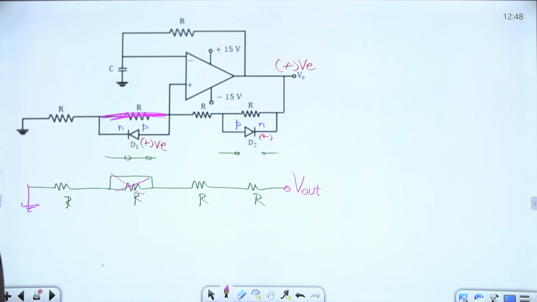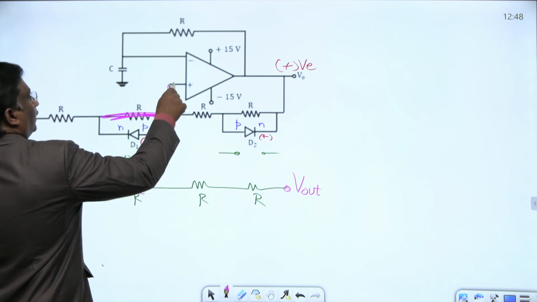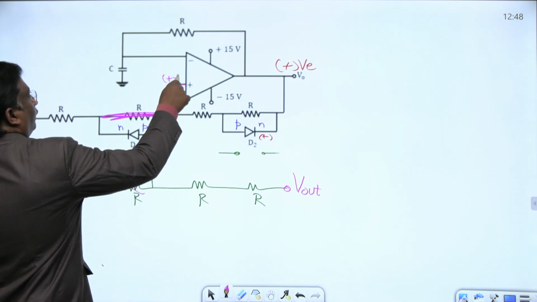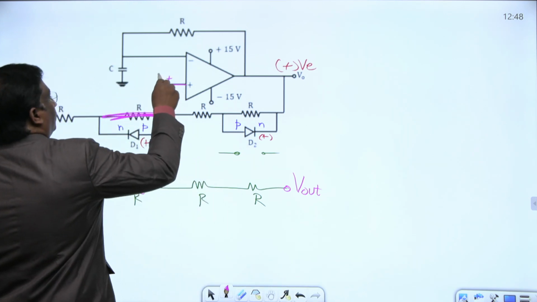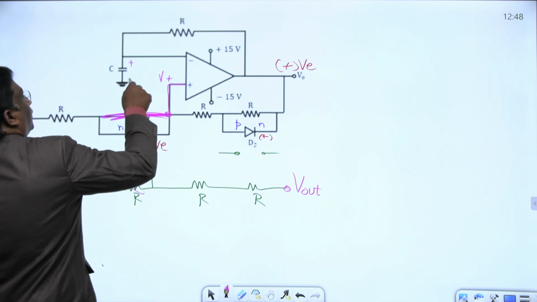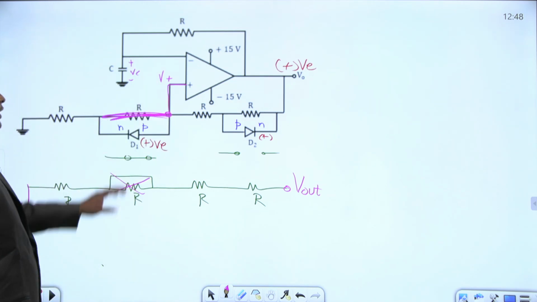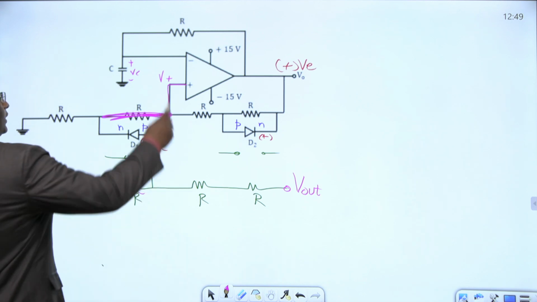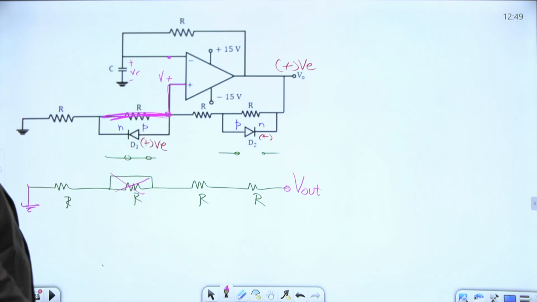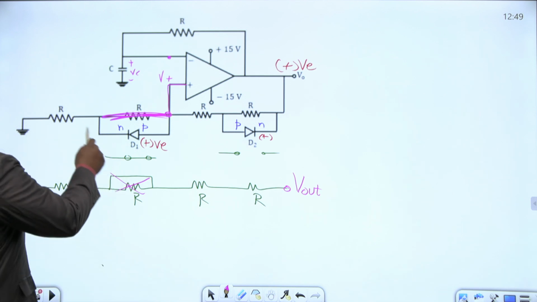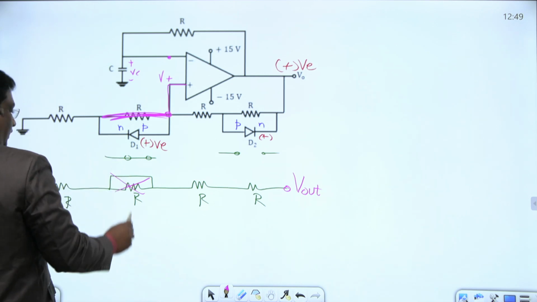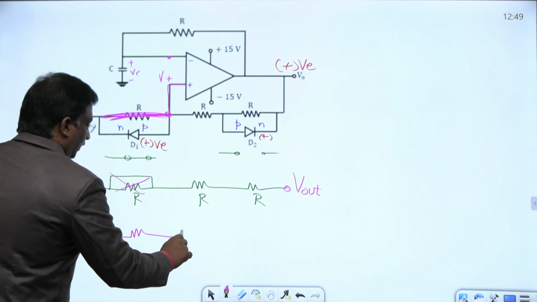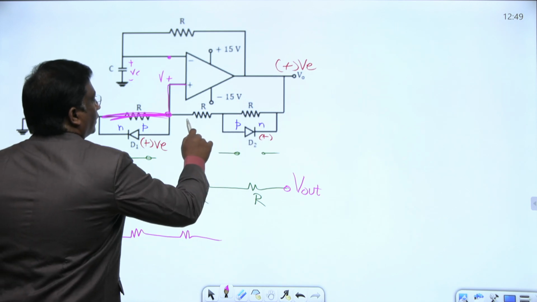Everyone notice here, this part is given to V plus. That voltage is given to V plus, and this voltage is nothing but VC. By the virtual ground concept, V plus equals VC itself. Right now, what is that V plus voltage here? If I see, this is R, and these two resistors are 2R.